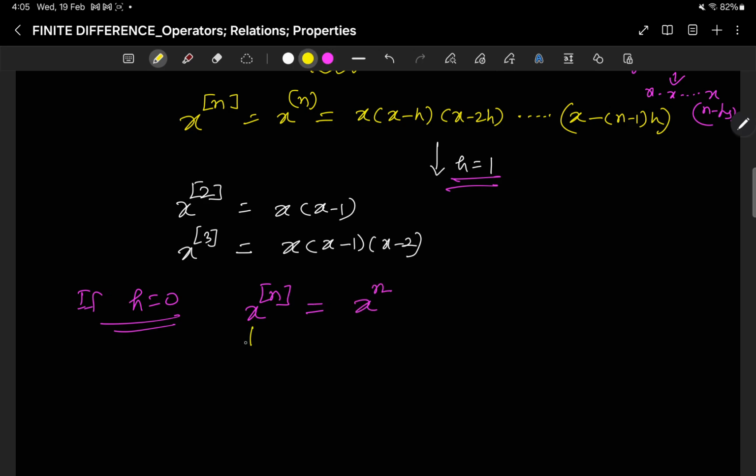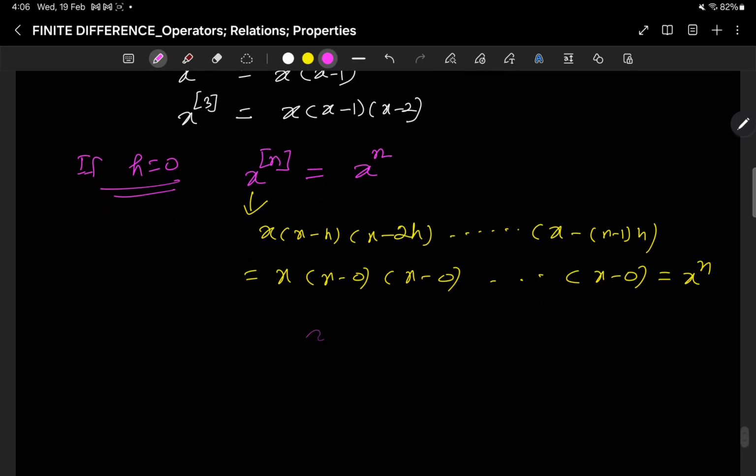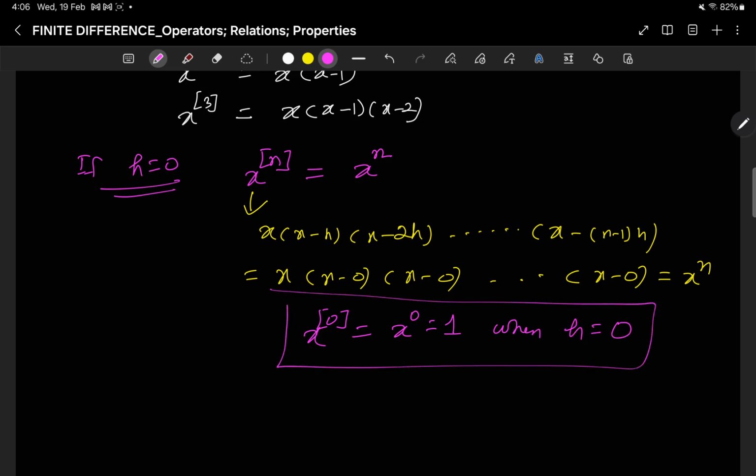That means this x factorial power n will be x, x minus h, x minus 2h, so on, up to x minus (n minus 1)h. So this is x minus 0, x minus 0, like that. So it is here x to the power n. So here we can say that x factorial 0 is simply 1, means when this h is equal to 0, then this is the same only.